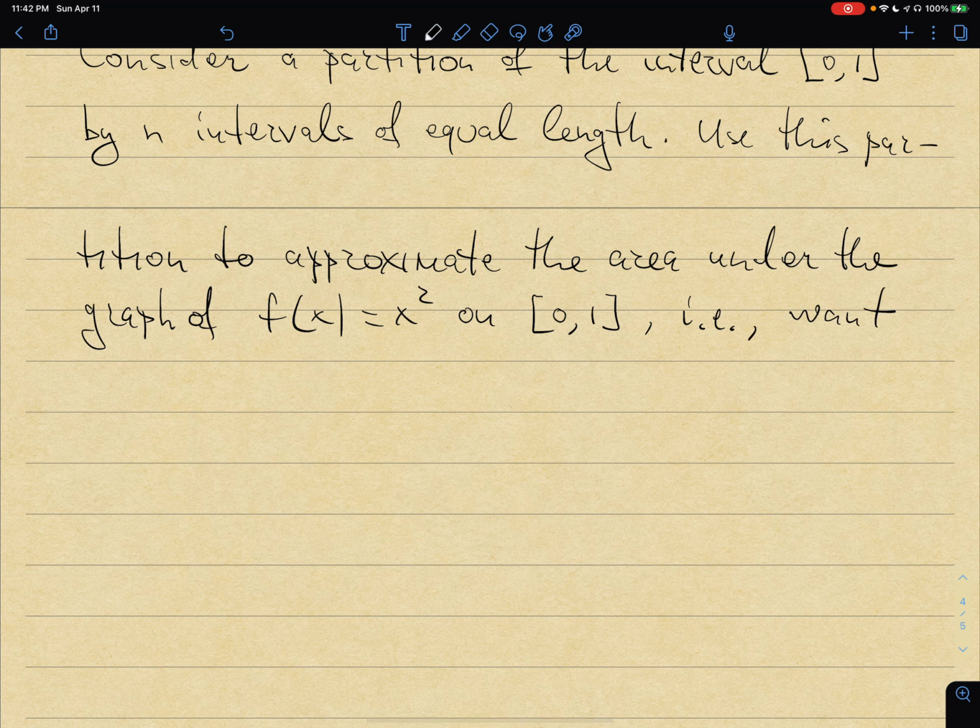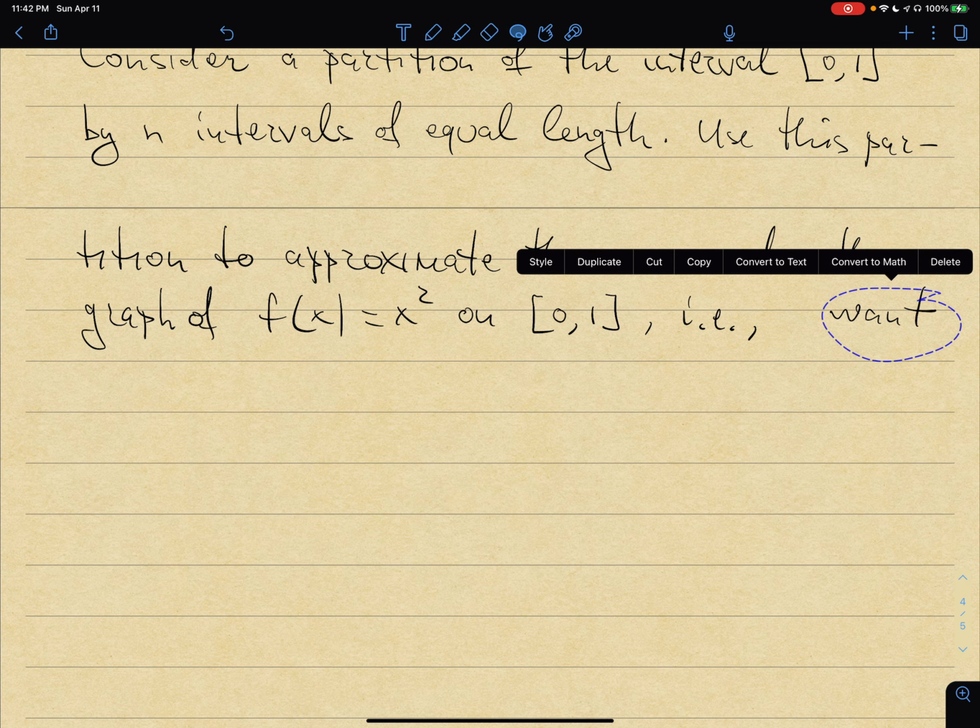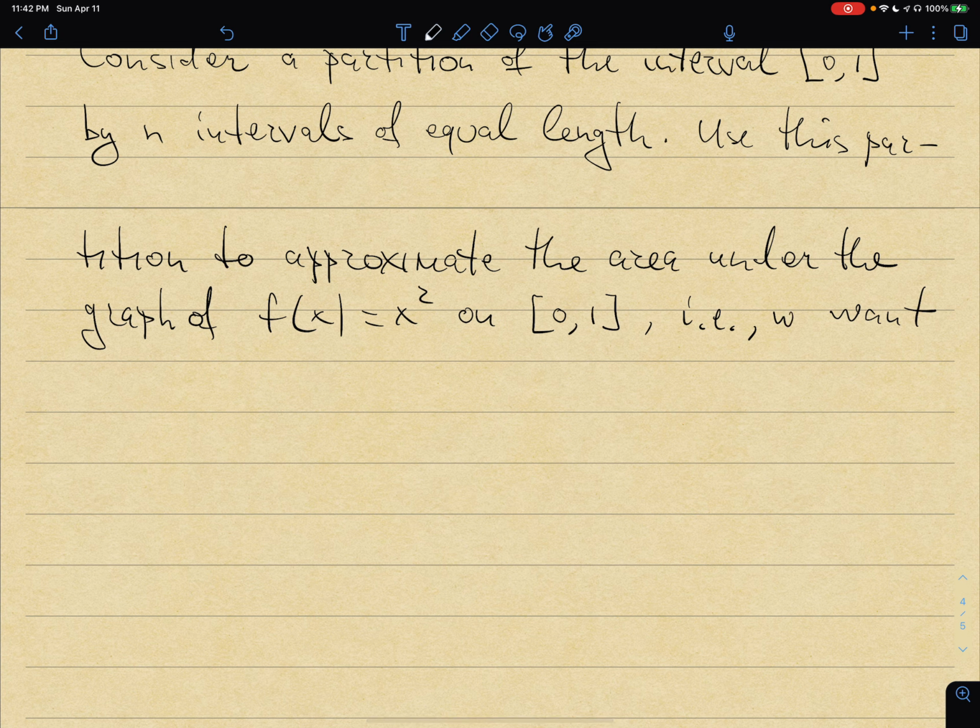That means that we want to compute, or to approximate, first the integral from 0 to 1 of x squared dx, right?